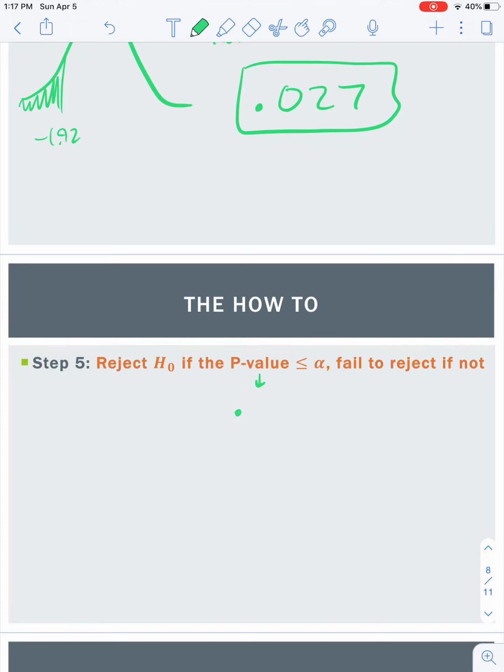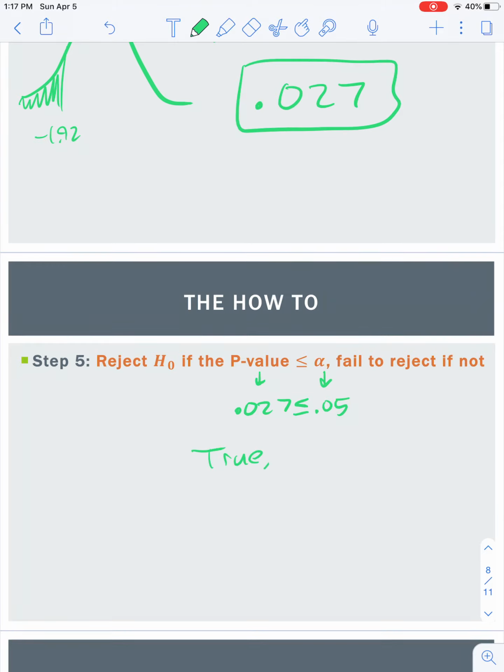Well, our p-value here is 0.027. If you remember, our alpha was 0.05, and it is less than 0.05, so that's true. So we reject the null hypothesis. We will reject because the p-value was less than alpha.